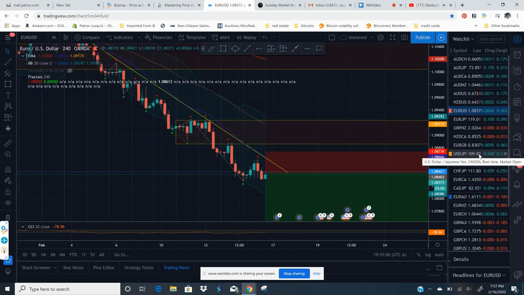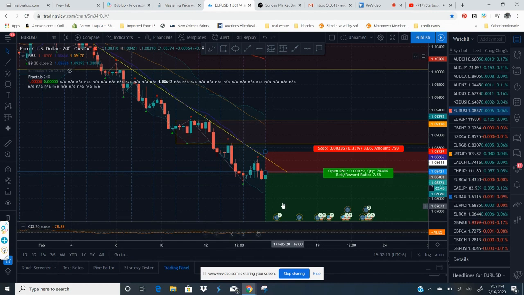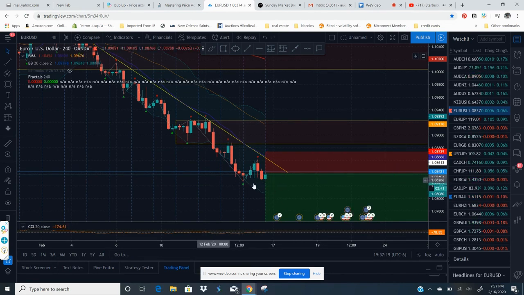All right, that's what we got for that one. Solana could drop off or could rebound, but that's just solid. It's a strong support right there.